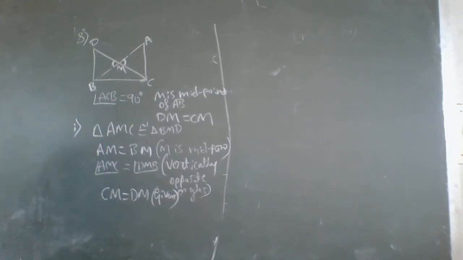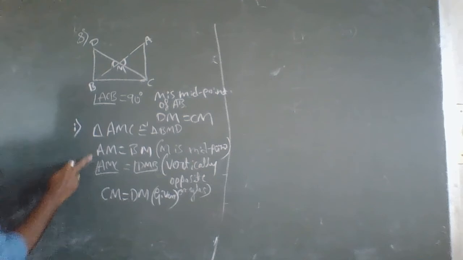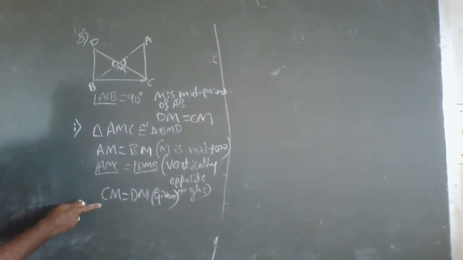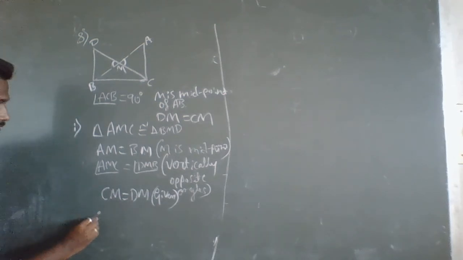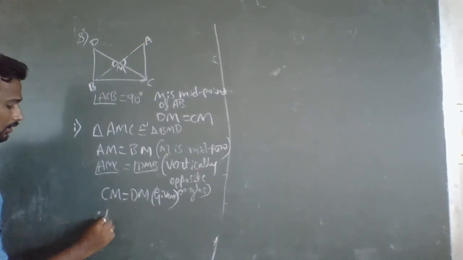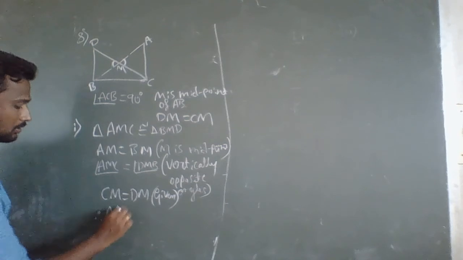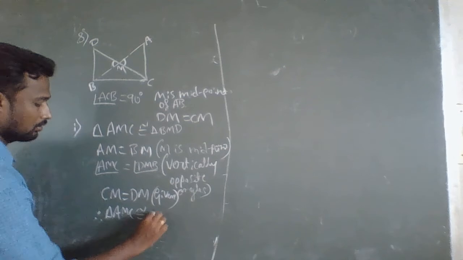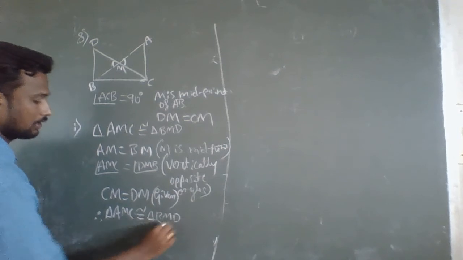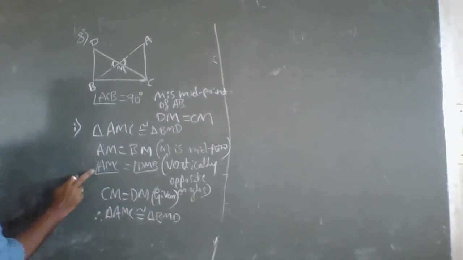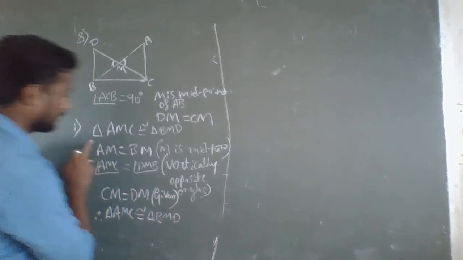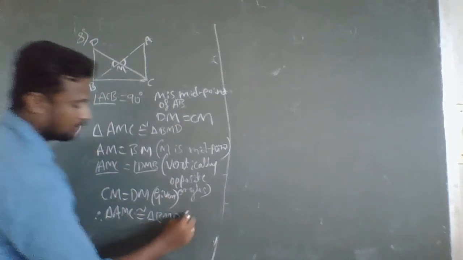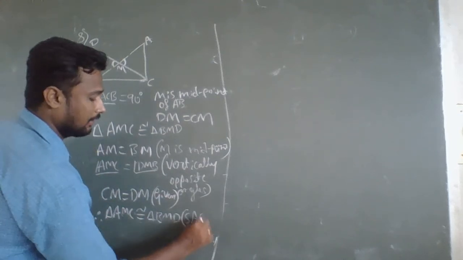So by side angle side, triangle AMC is congruent to triangle BMD. So here I will write SAS.